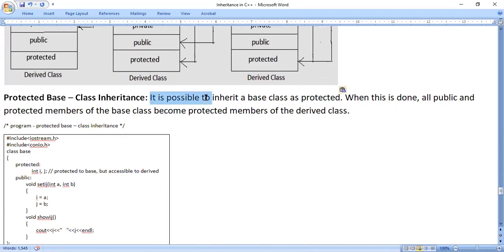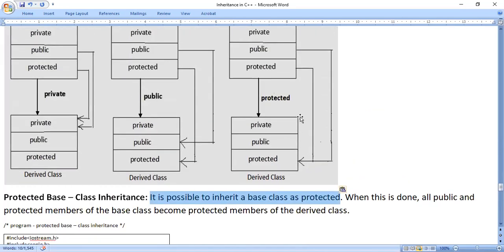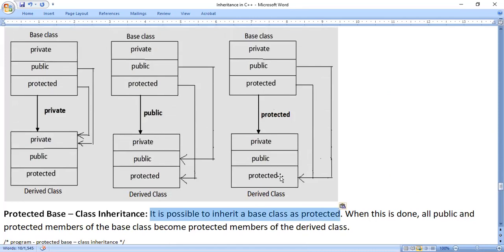It is possible to inherit a base class as protected. Look at this arrow mark from base class to protected derived class. This arrow mark indicates the inheritance mode, so you should write it here. If you mention the inheritance mode, then we can understand.